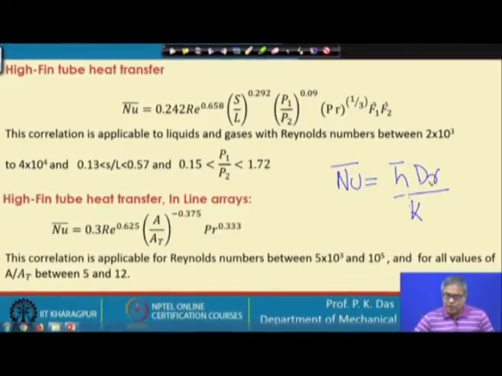So, with this one can calculate the h bar, both in the case of low fin tube and high fin tube.